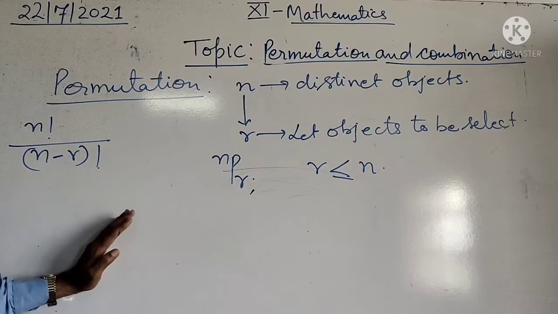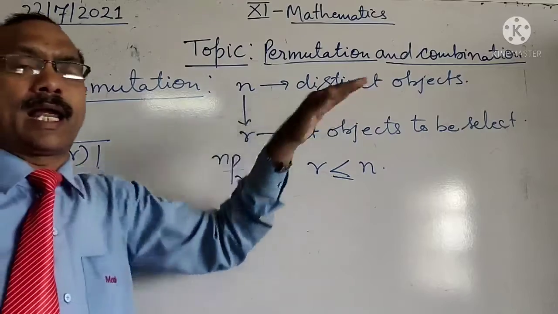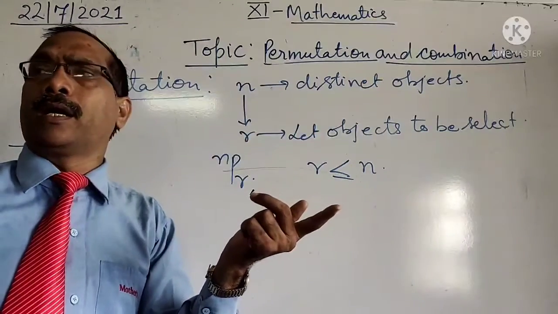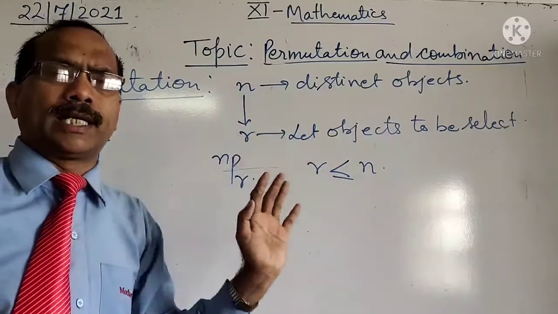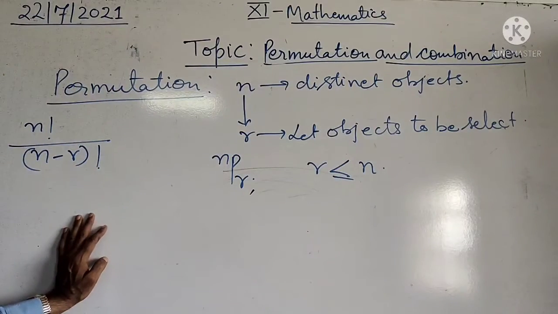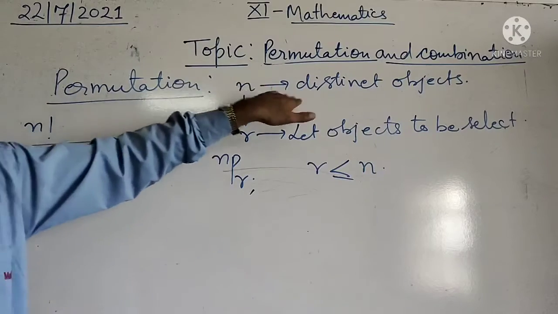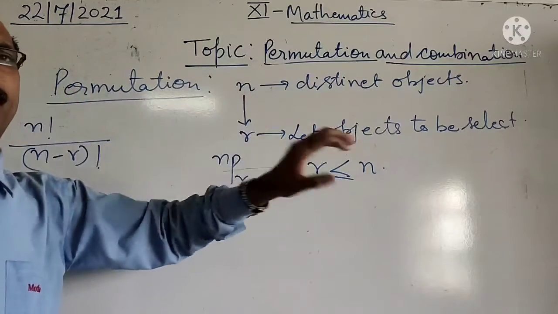This is the formula. And we will use this formula when there are n distinct objects. If objects are not distinct, they are alike, then we cannot use this formula. So the important thing is this: here all the objects are distinct. They are not alike.